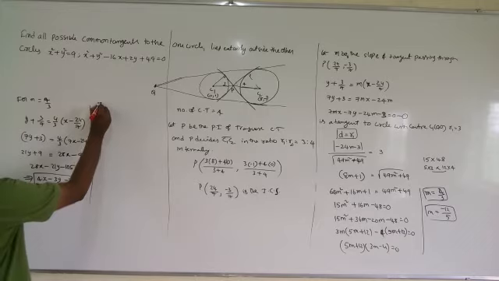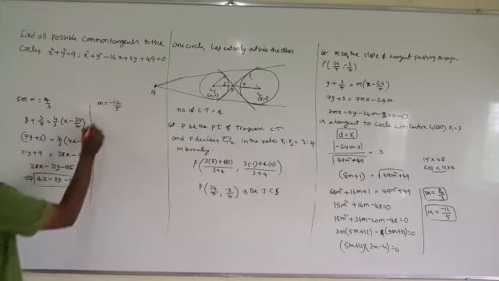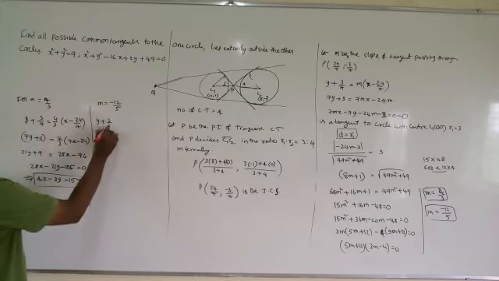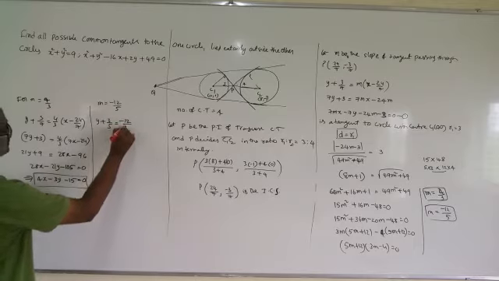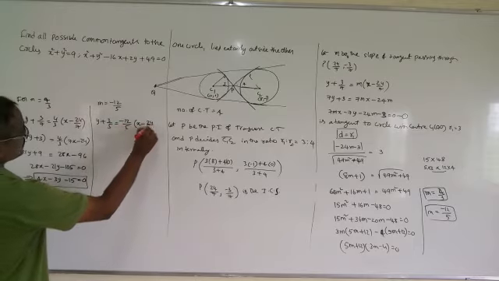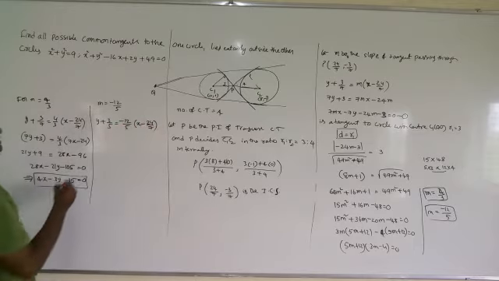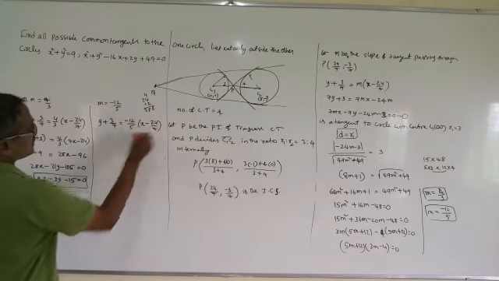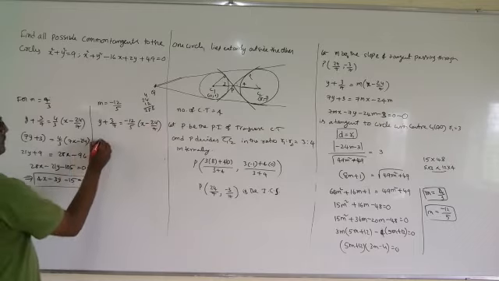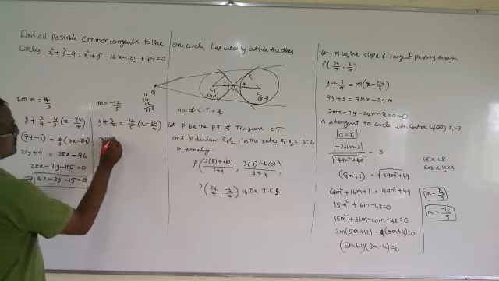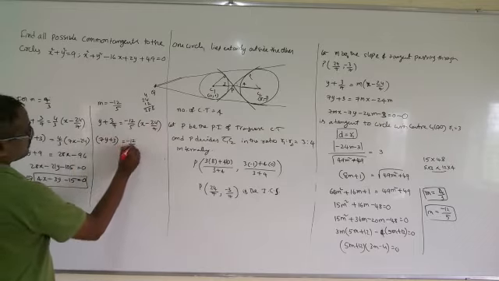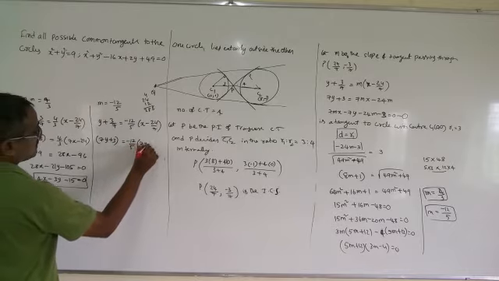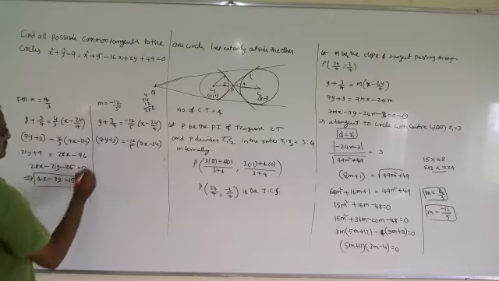And again for m is equal to minus 12/5. So y plus 3/5 is equal to minus 12/5 into (x minus 24/7). So 7y plus 3 is equal to minus 12/5 into (7x minus 24).